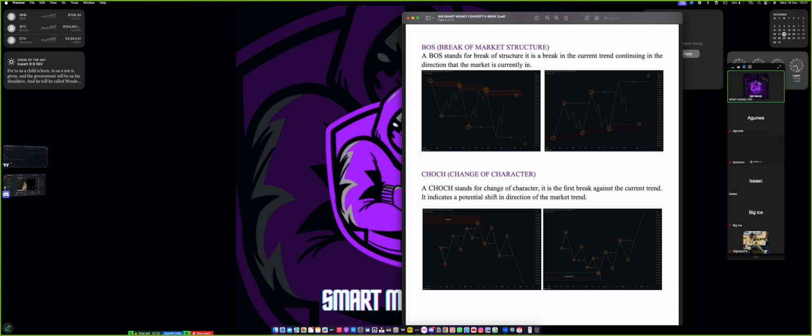You might say this is my POI, which simply means points of interest, but it is not a valid POI. That's why I said you will know the difference. There are types of POI. A lot of people are going to pick the POI that will never ever hold. Price will not respect it because it is not a valid POI. So we'll talk more about that when we get to that class.